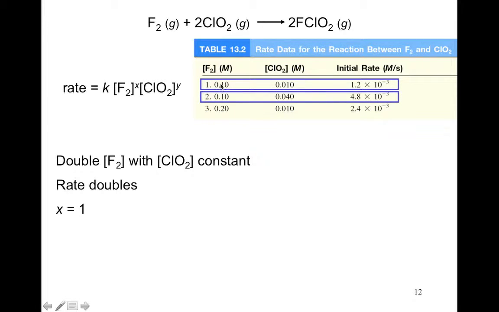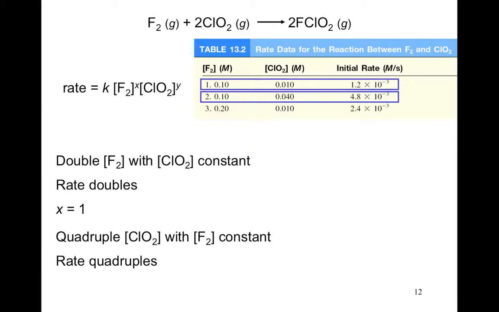So let's look at the next example. Here, we take fluorine and we don't change its concentration, but we change ClO2's concentration. We make it 4 times higher, and our rate speeds up by 4 times. So ClO2 is actually the same as fluorine. If we quadruple ClO2, we quadruple the rate. So y is equal to 1.